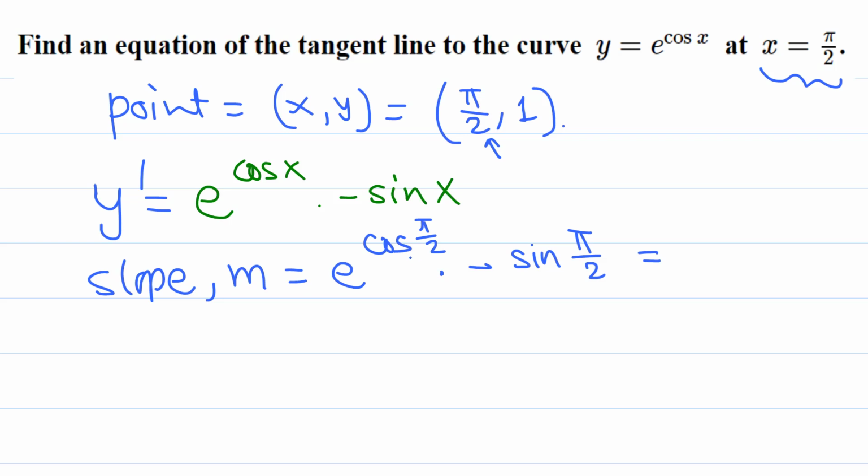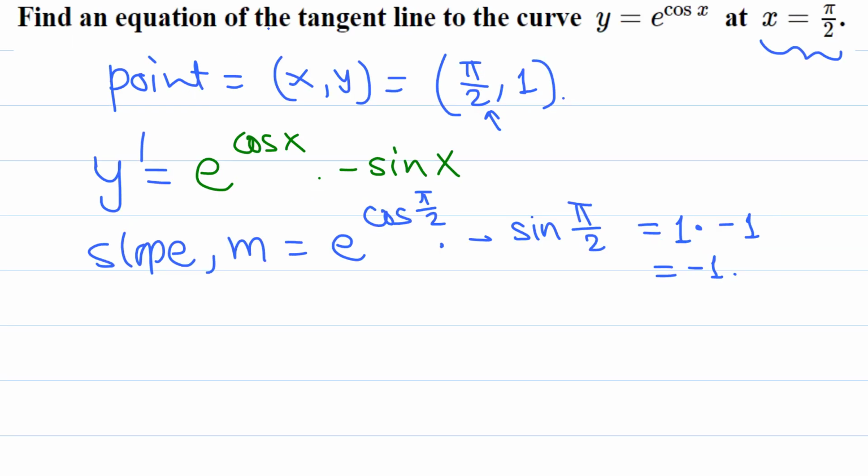Like earlier, cosine pi over 2 is 0, e raised to 0 is 1, times negative sine 90 degrees, pi over 2. Sine 90 degrees is 1. So 1 times negative 1 is negative 1. So we have the slope, we have the point. Now we are ready to find an equation of the tangent line.